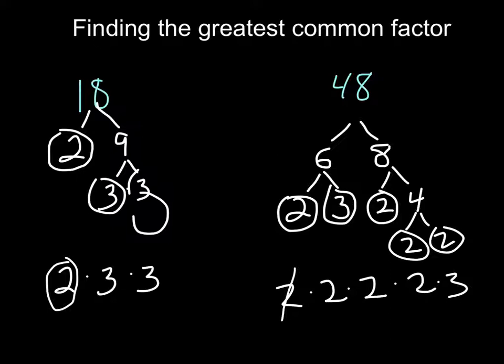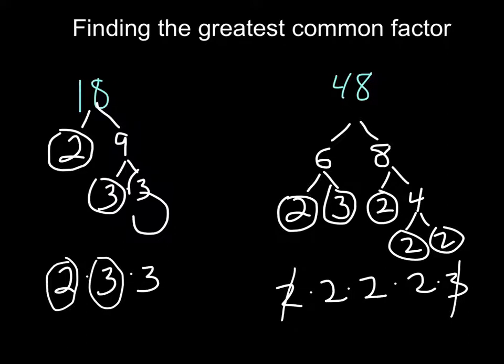Now I go to the next number, 3, and I see 3 matches with this 3 right here. So there again, I'm going to circle that, meaning it's a common factor and it matches with that. And now I look at this 3 and I see, are there any more factors over here it can match with? I can't use this number because I've already crossed it out. I already matched that one with this.